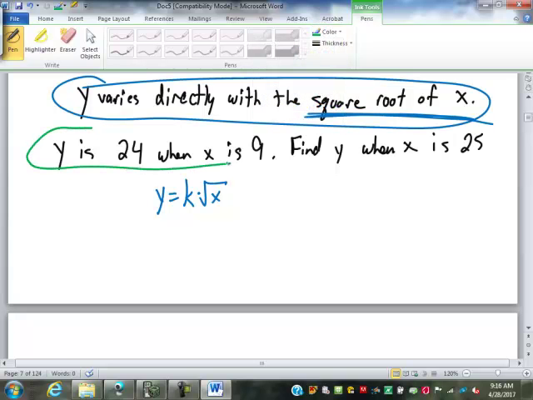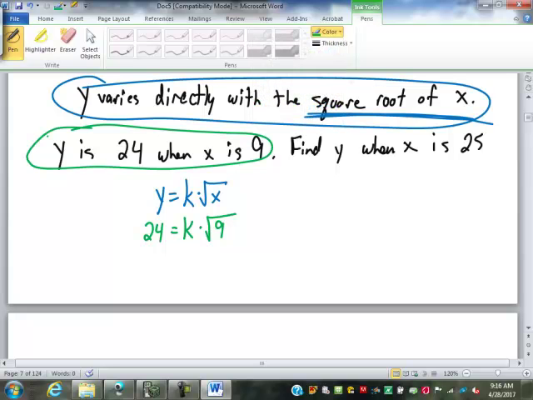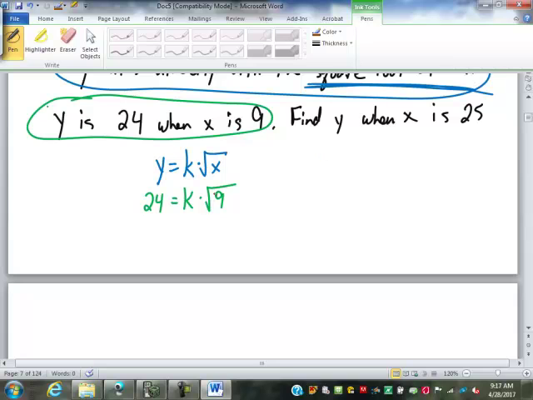The next part is going to be the same. Y is 24 when x is 9. Put 24 in for y, equals k times, inside the square root, we replace x with 9. Now there's going to be a couple extra steps to figure out what k is here, because we have to do the square root.